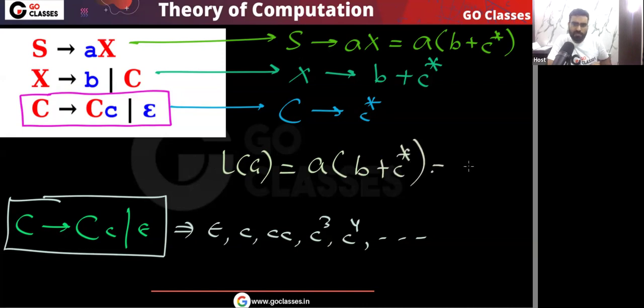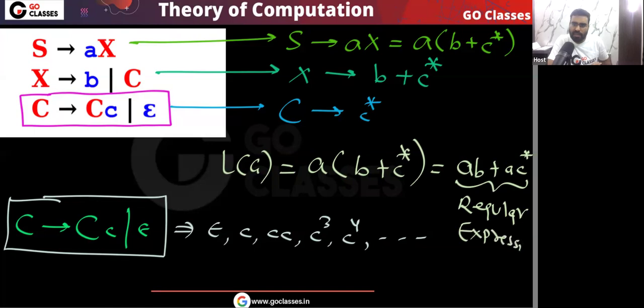This is a regular expression. Do you agree? This is ab or ac whole star. So you can see this is a regular expression. Because this is a regular expression, the language is regular. If you can write a regular expression, then the language is regular. Yes or no? So very simple, I can say that the language is regular. Understood? So remember here, the grammar is not regular.